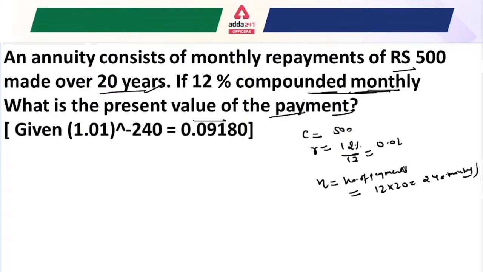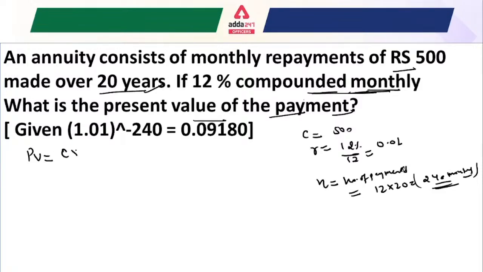Because in this question you have to find an annuity that consists of monthly repayments, you just write 240 months. Now we have to calculate the present value of the payment, and I just explained what the formula for the present value of the annuity is.